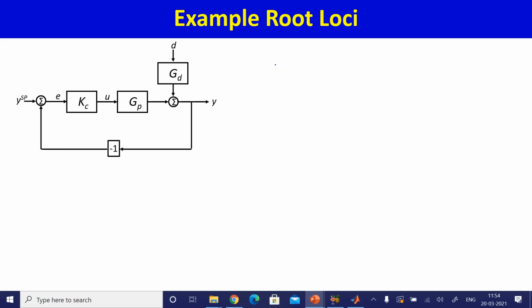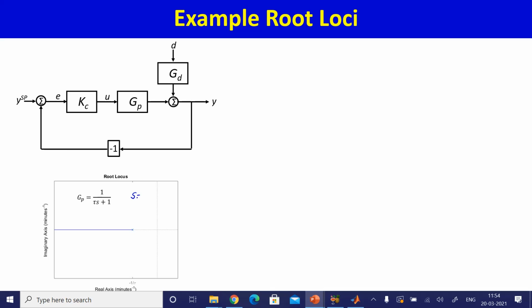Let's say we have a first order transfer function. For this first order transfer function, the open loop pole is s equal to minus 1 by tau. So this is the open loop pole, s equal to minus 1 by tau over here.